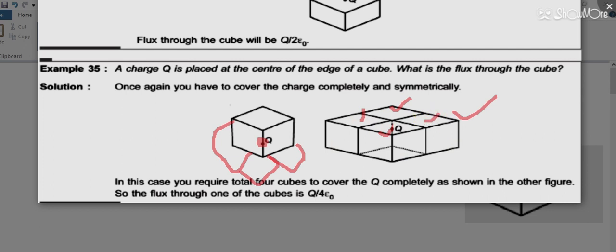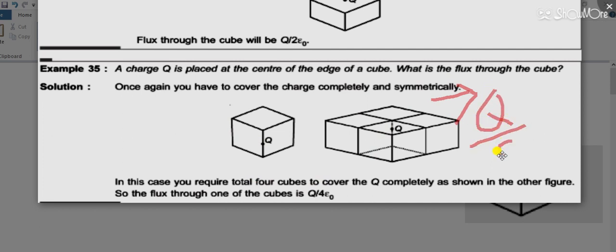So students, you can see the total flux linked with this symmetric diagram is q by epsilon naught. For this 1 cube, the flux is divided into 4 parts, one part here, one part here, one part for this cube, one part for this cube.